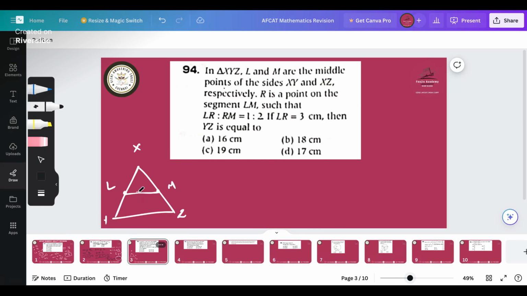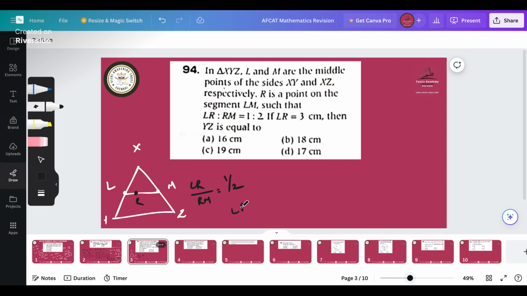There is a point R on LM such that LR and RM are in the ratio 1 is to 2. Let's put it over here. So what it is saying is that LR is to RM is equal to 1 is to 2, right?